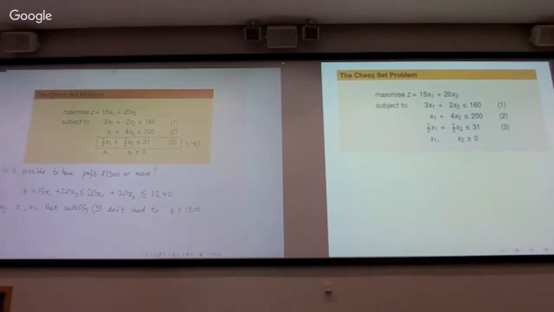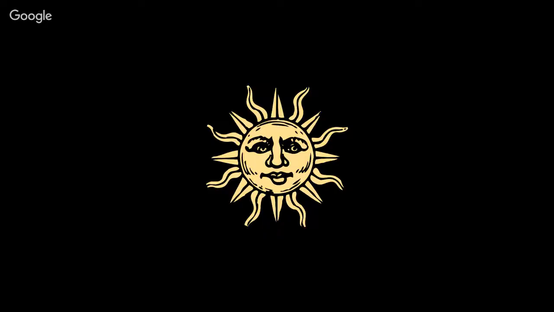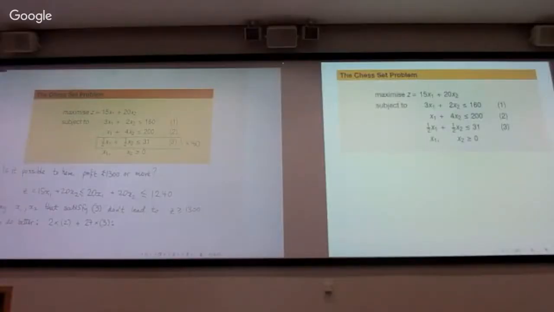Great. Now we can actually do a little bit better than this. For example, if we decided to take 2 times the second constraint and add to it, but one of the purposes of this lecture is actually to get somehow to the point where we will know how to come up with these numbers.